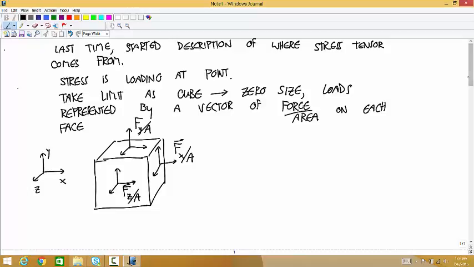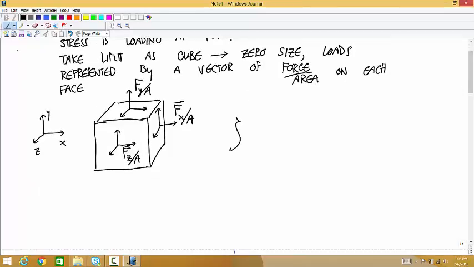Okay, so each one of these vectors, so there's a total of 18 force per area values, divided up into 6 different vectors.